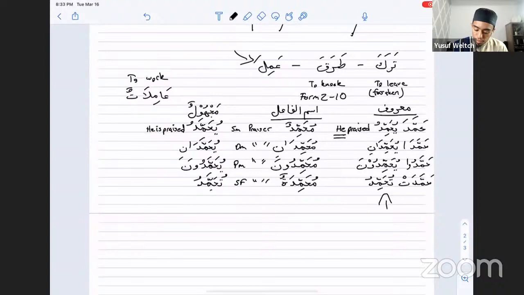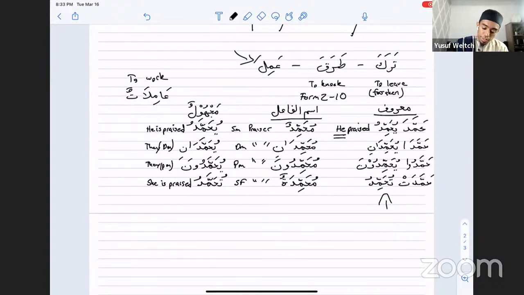Is it ma or mi? Passive. Ma. Good. Tuhammadu. She is praised. So this would be they, dual masculine, they, plural masculine, which would be three and up, and this would be she. She is praised, or it will be praised.